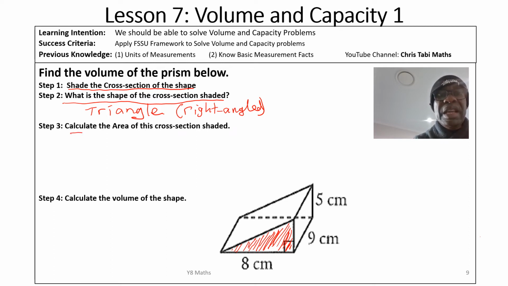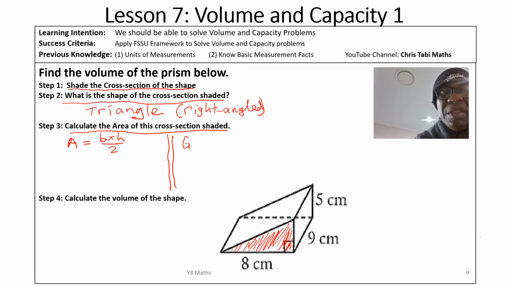So calculate the area of this cross section which is shaded. Well, the area of a triangle is base times height divided by 2. Now, what is given to us? Let's write that down. Given.